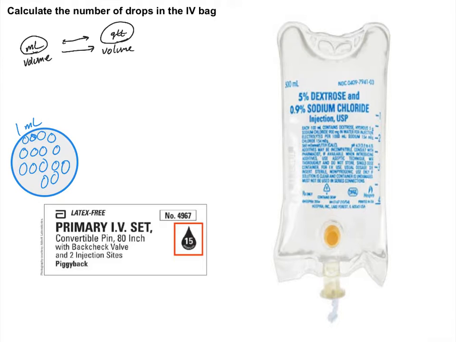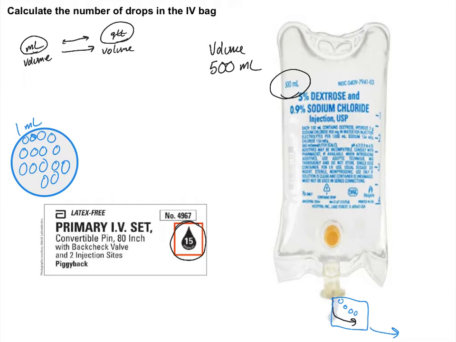So right now, in this situation, we are working with an IV bag that has a volume of 500 mLs. If we look at this bag, we see it has a volume of 500 mLs. And what we know is that this volume is going to be broken into individual drops in the chamber and then infused into the patient. The size of those drops is determined by the drop factor.